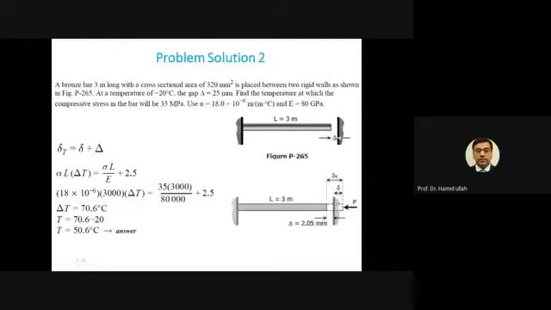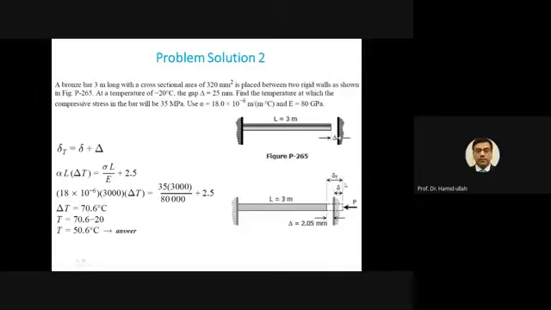On the right side there is P. What is P? P is a reaction from the support, a resistive force offered by the support to block the expansion of the body.